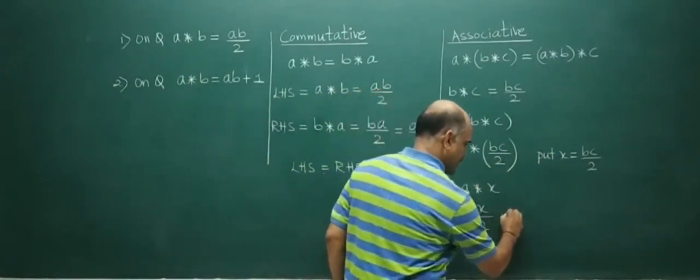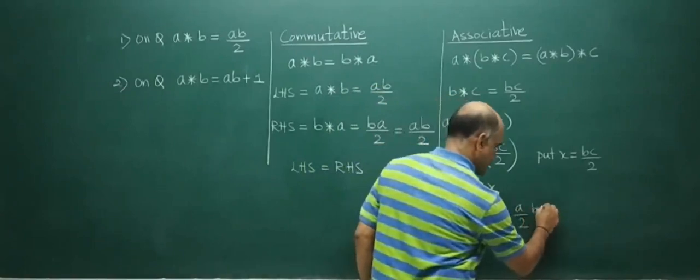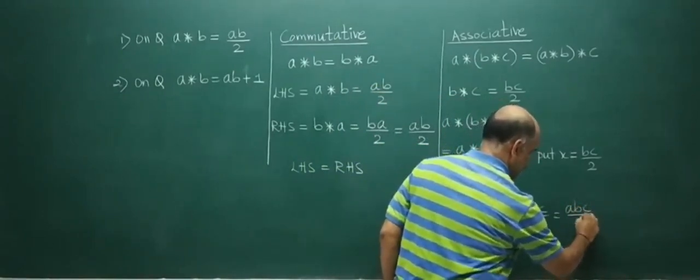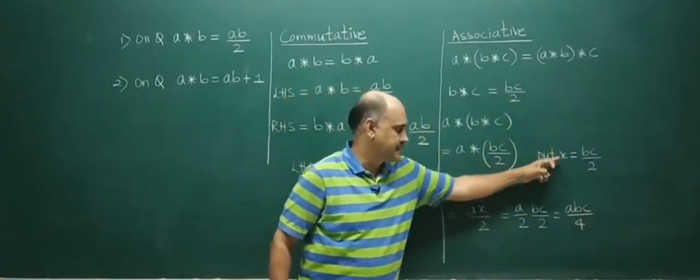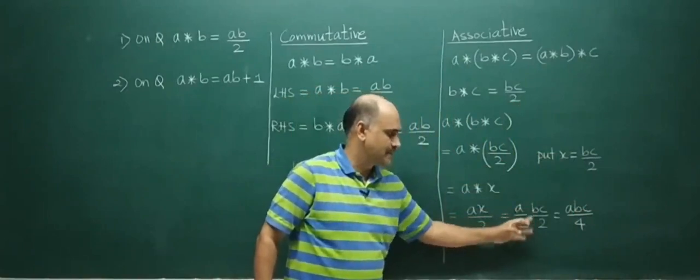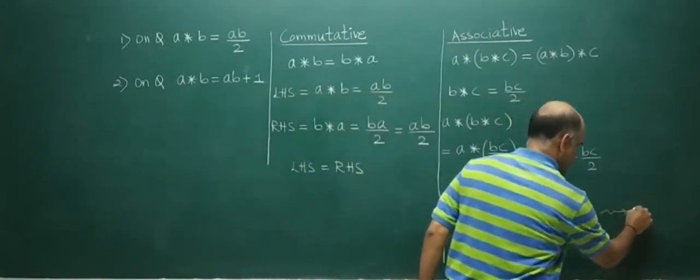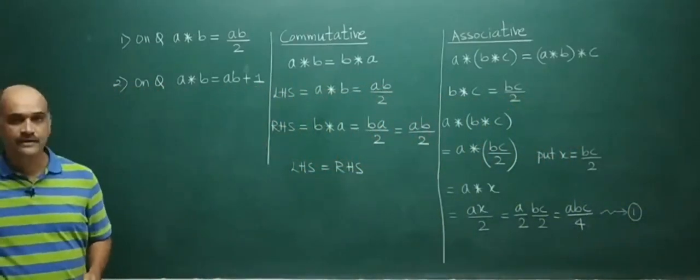So this is A by 2, x is BC by 2. If you multiply, you will have ABC by 4. This is my LHS, or I will take it as 1.